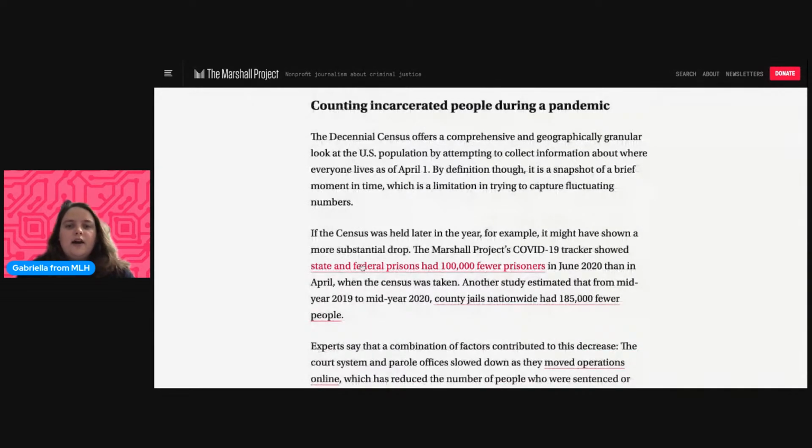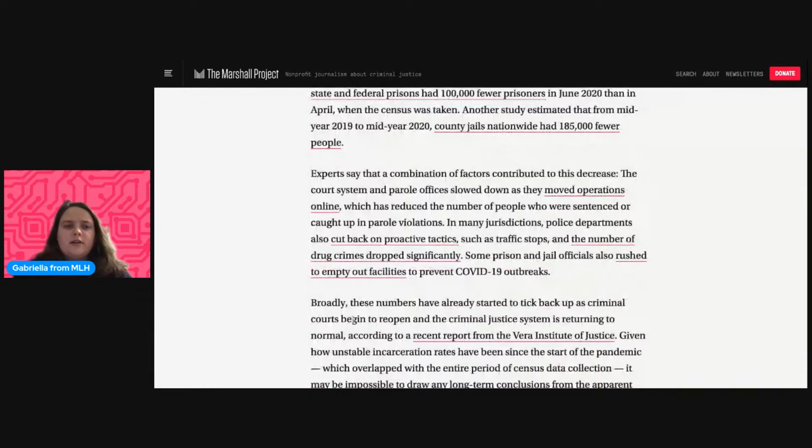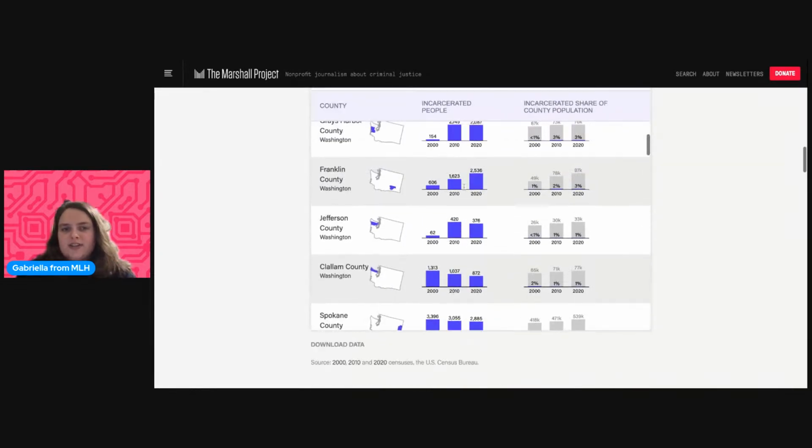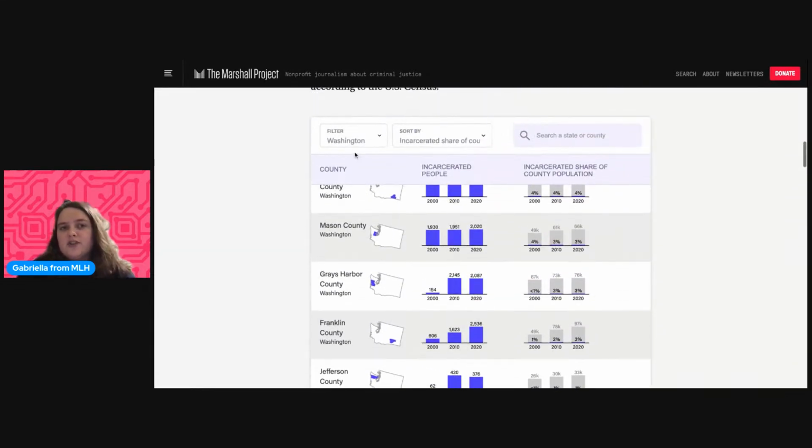I think journalism is a really interesting place for people to contextualize data, because the projects themselves are already centered around bringing data and information to the general public to educate them. So contextualizing data and creating interactive data visualizations is a really cool way to bring that to life and allow people in the local community to learn more about the statistics and how they affect the people around them.